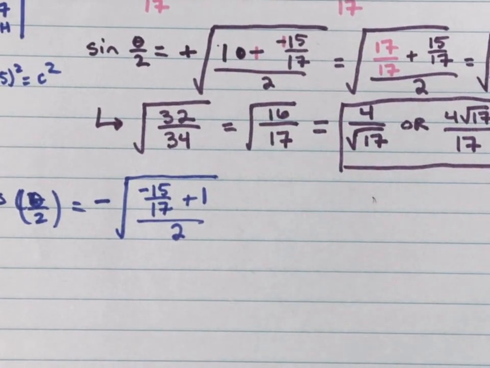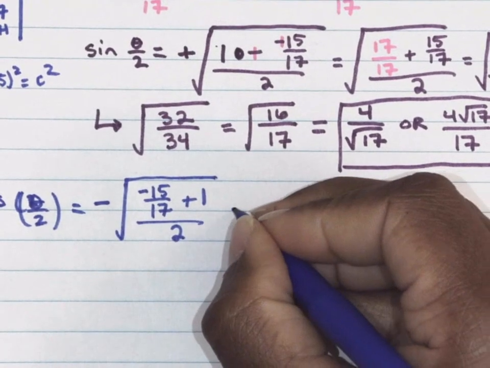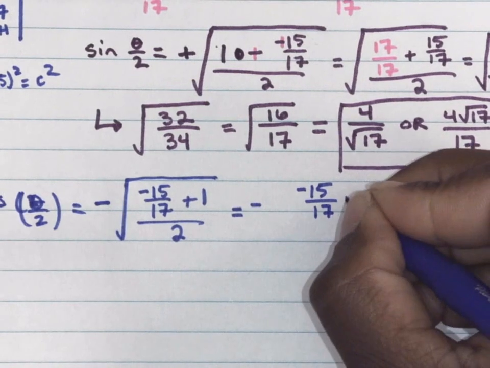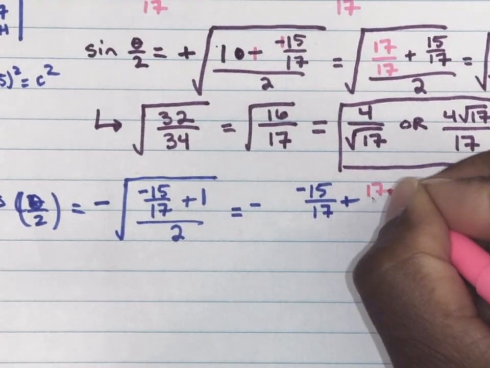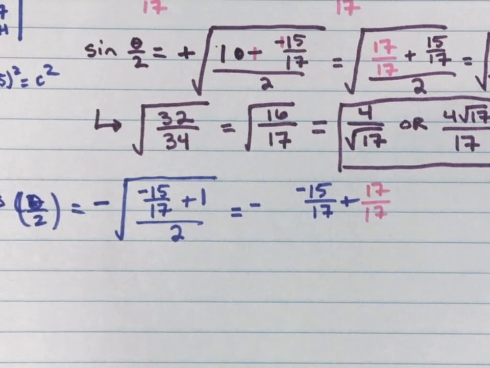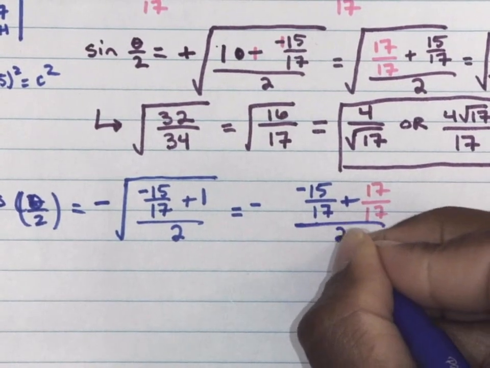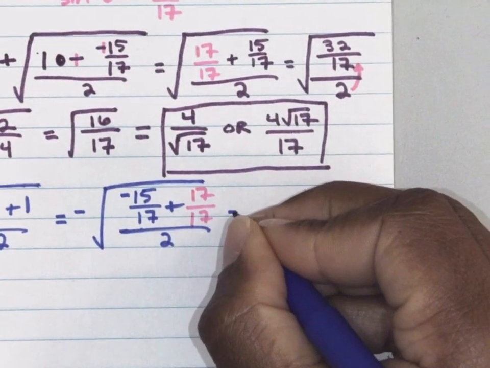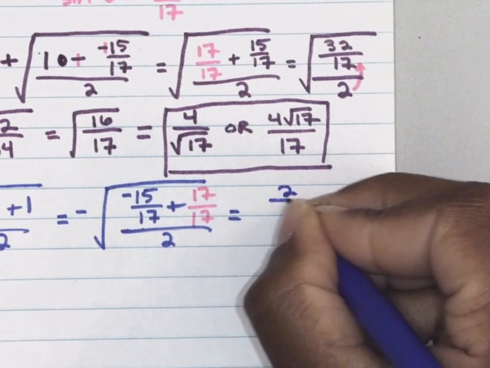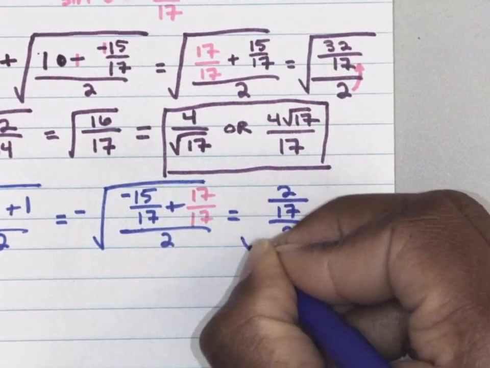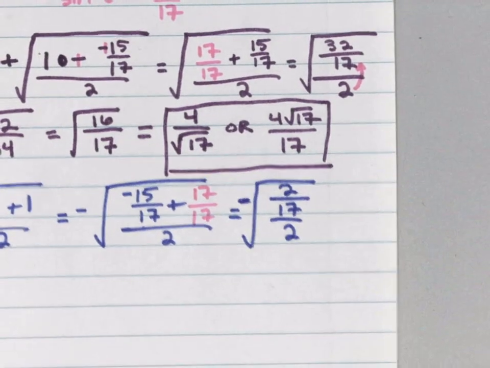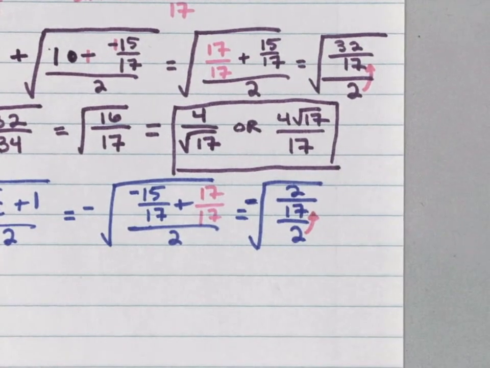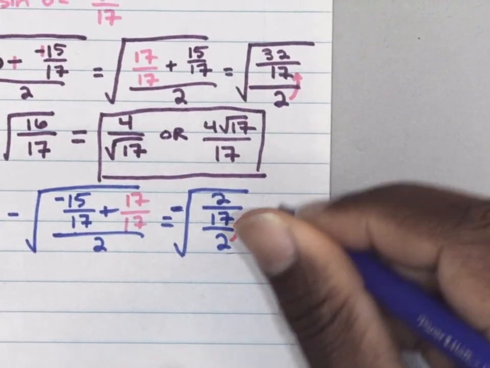Again, I need to get that common denominator of 17. So I'll rewrite negative 15 over 17 plus 17 over 17, all divided by 2 inside. Negative 15 and 17 give me a difference of 2 over 17 over 2 inside, and it's negative. Don't forget about that. And then again, I will multiply the two denominators, or you can keep change flip. Don't forget it's over 1 if you do that.